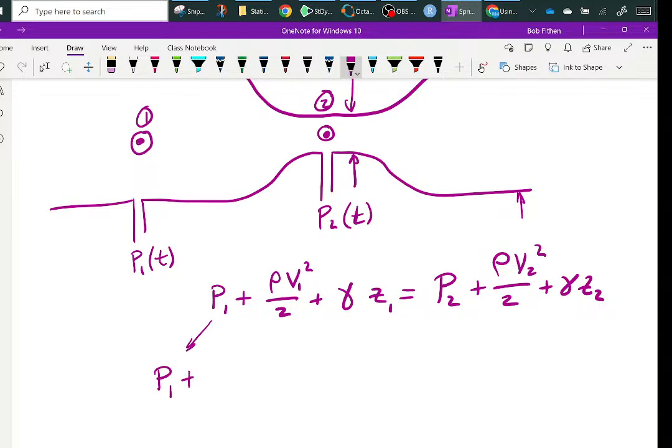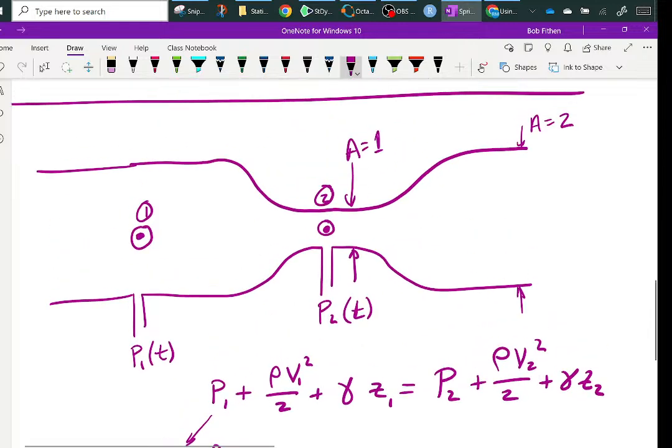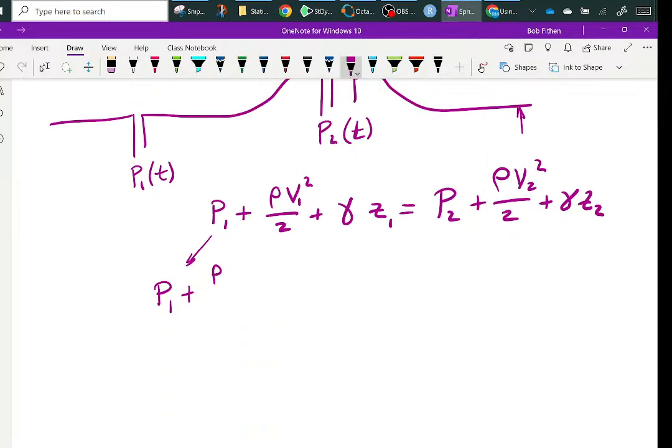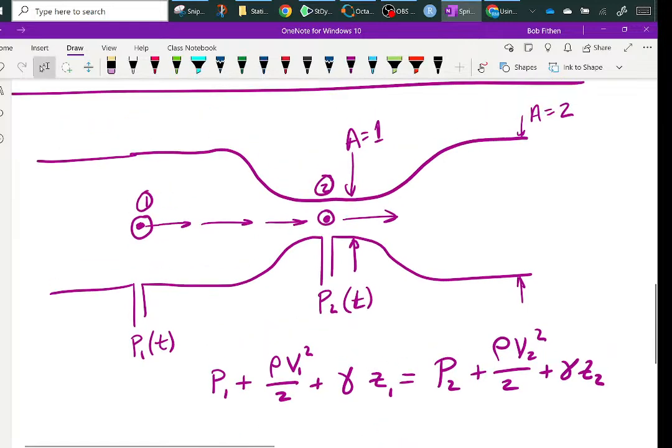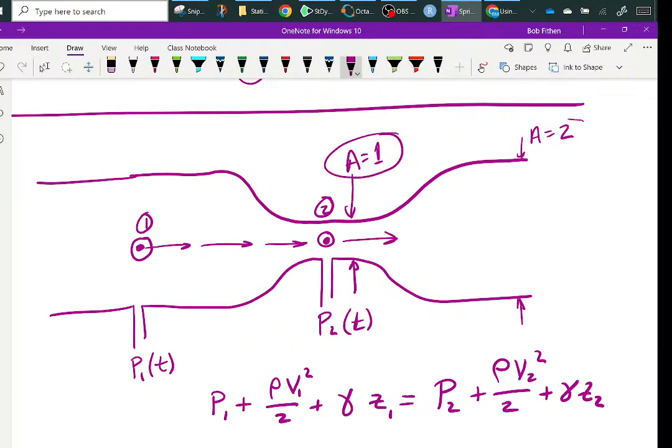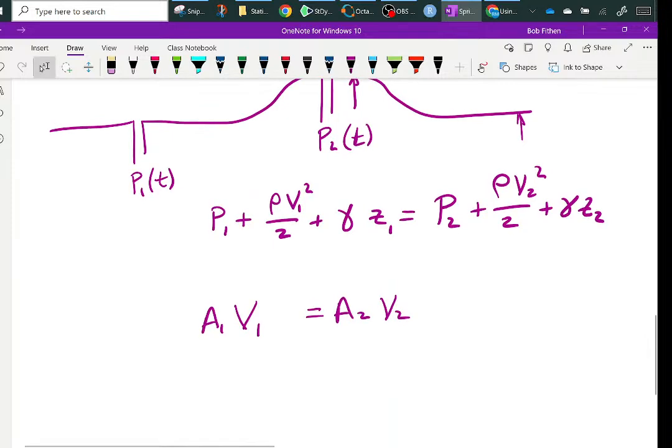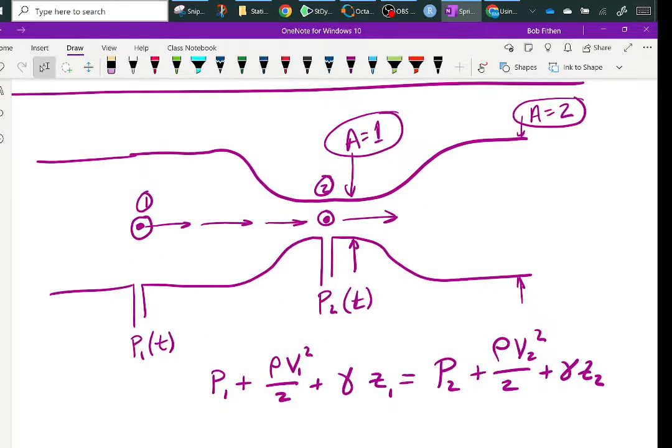The first thing I realize about this is that I have continuity as the particles flow down through here. So before I go on, I can get V1 as a function of V2. And the way I get it is like this. I didn't want to put diameters, I just wanted to put the two areas. Area 2. Okay, in my case, the pipe, I'm doing a fitting in there.